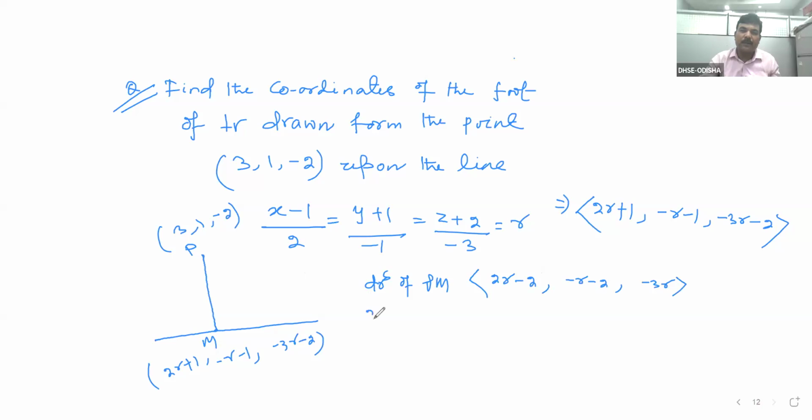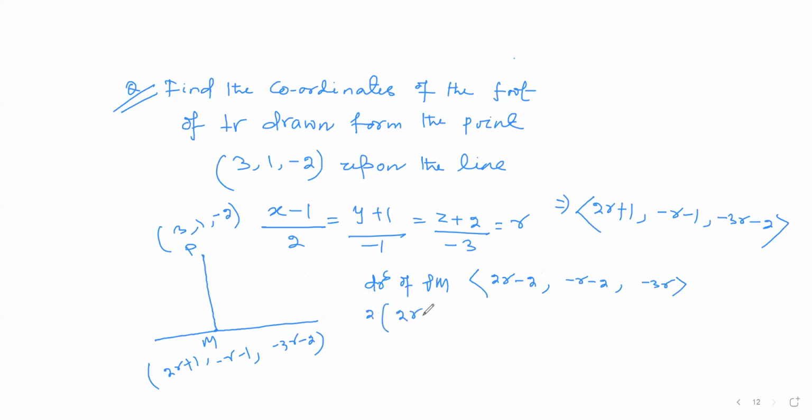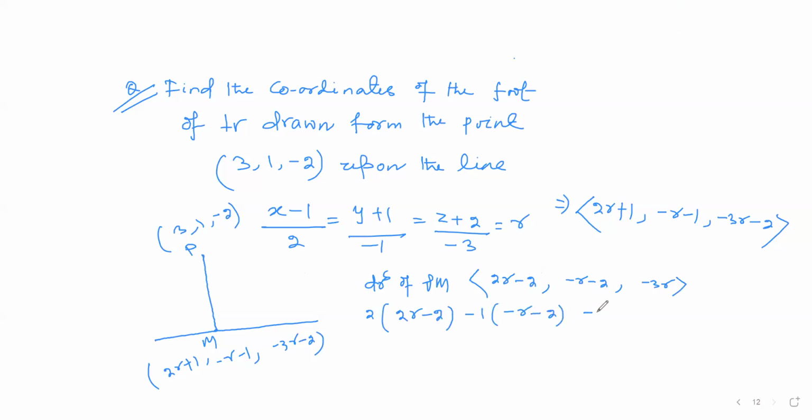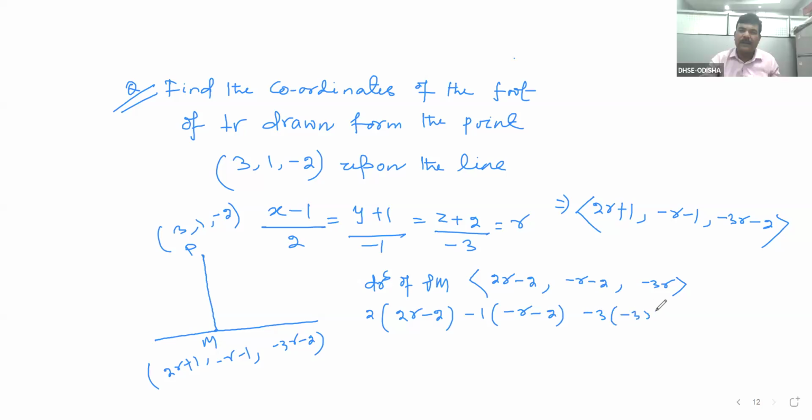So 2 into (2r-2) minus 1 into (-r-2) minus 3 into (-3r) is equal to 0.